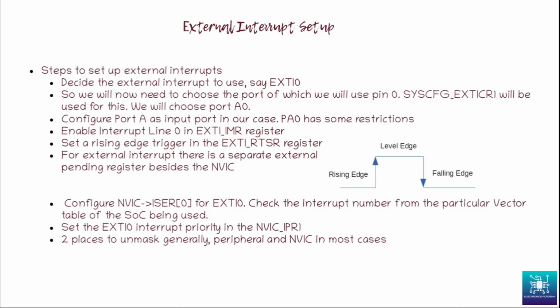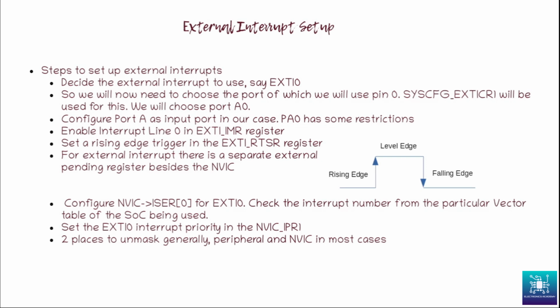Now, as we saw in the multiplexers in the previous slides, we will need to choose the port for which we will be using pin 0. And that register is SYSCFG_EXTICR1. This is one register that we haven't had a look at because it didn't fall in either the NVIC or system control block.